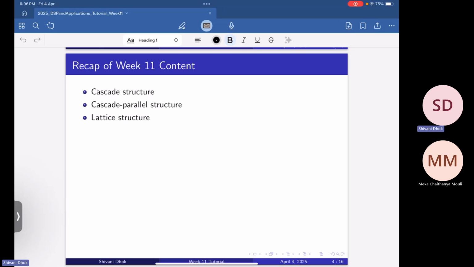The first one that we discussed was known as the cascade structure. For the cascade structure, what do we have?